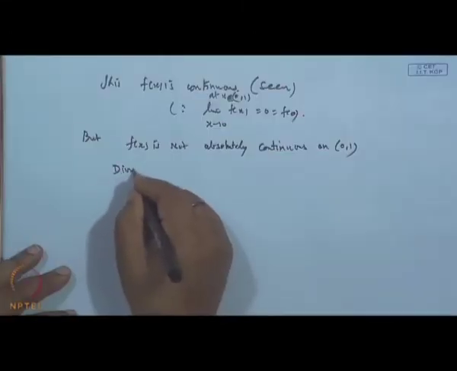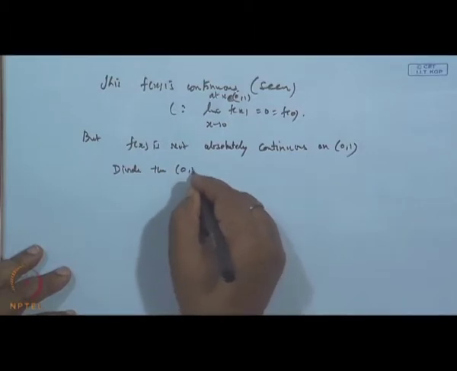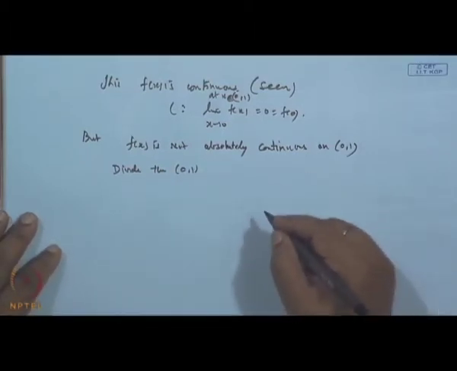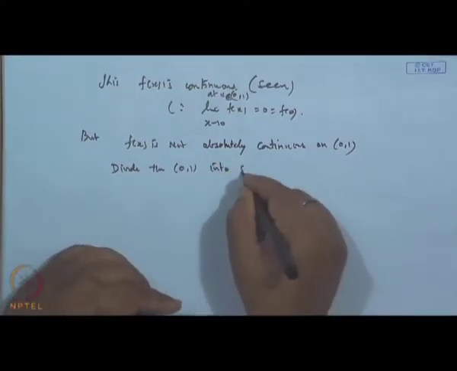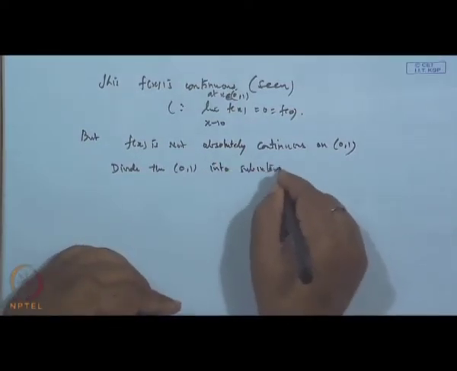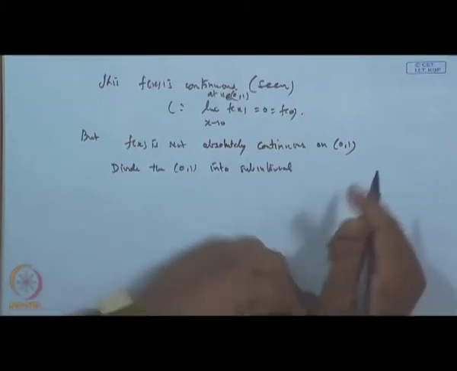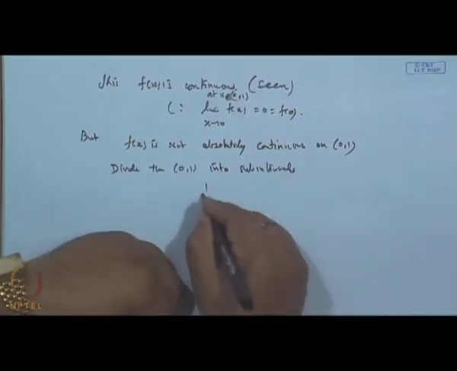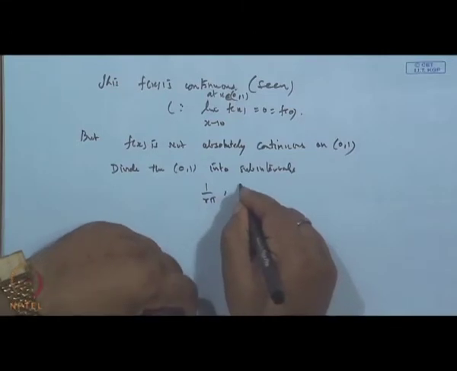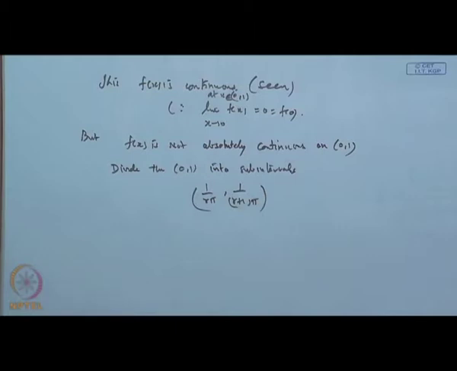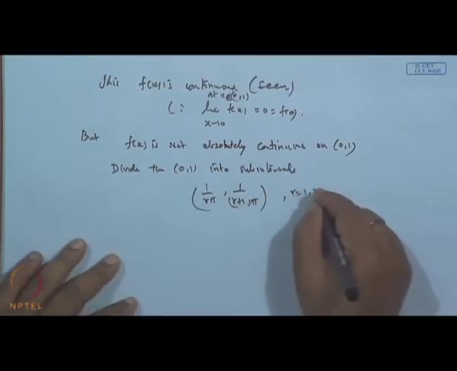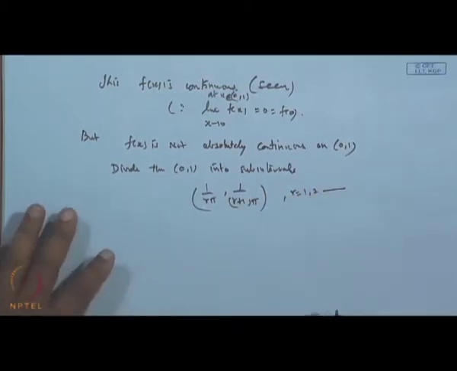So, suppose I divide the interval 0 1 into subintervals, say 1 by r pi to 1 over r plus 1 pi, where r is 1, 2, 3 and so on.